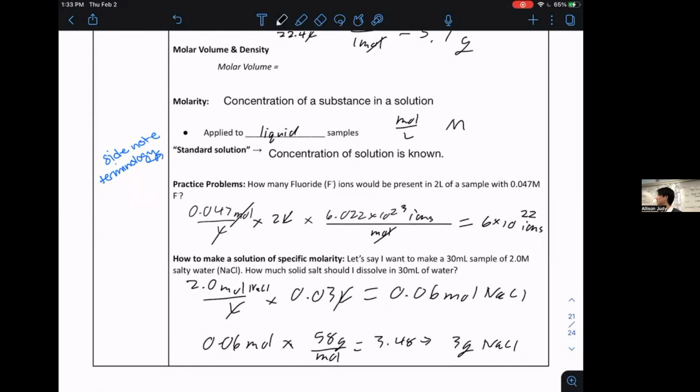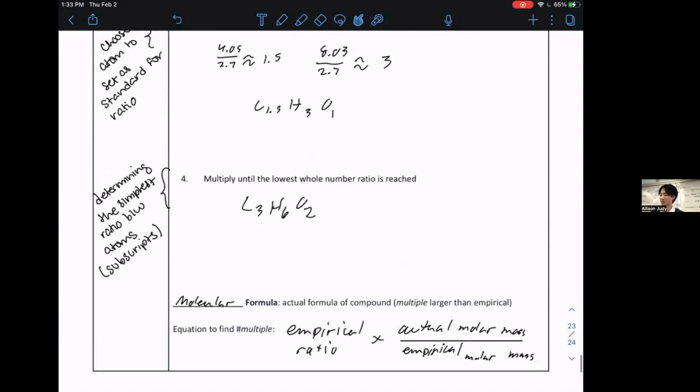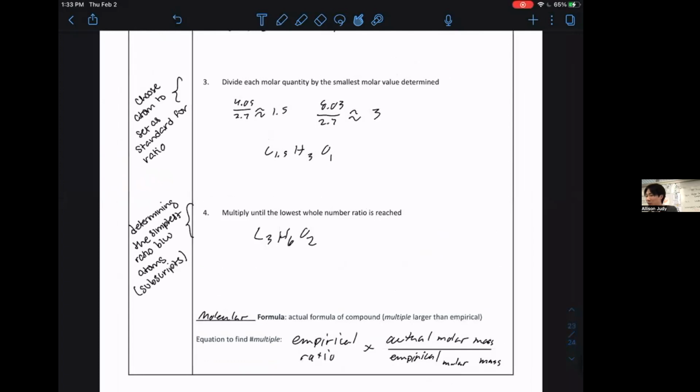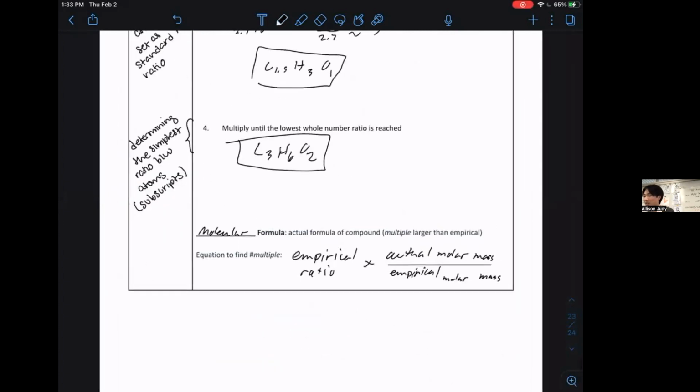What's the difference between the actual molar mass and the empirical molar mass? The empirical molar mass is if you did carbon's molar mass times 1.5 plus 3 times hydrogen plus 1 times oxygen. Then the actual molar mass is like this, so it's a ratio of 2, basically.